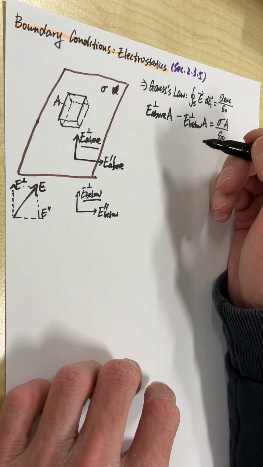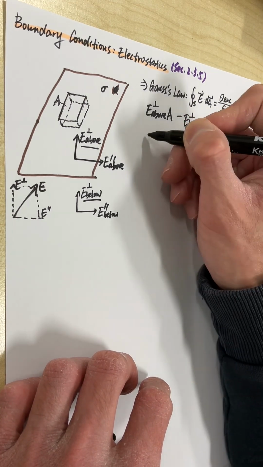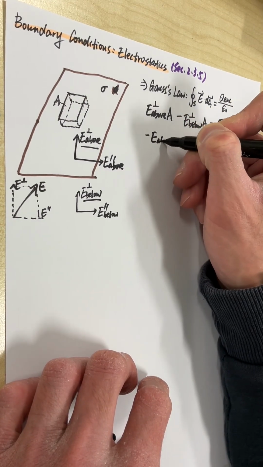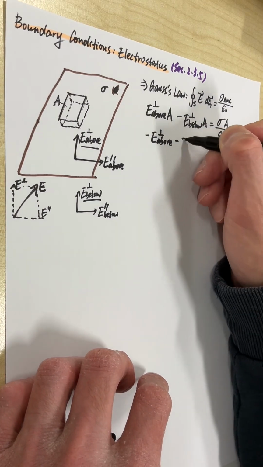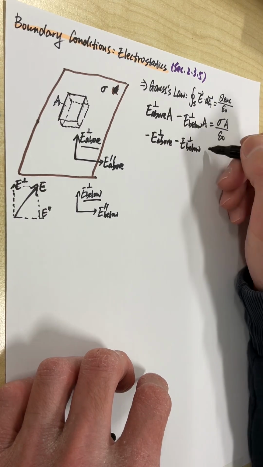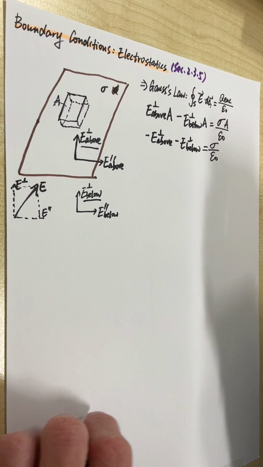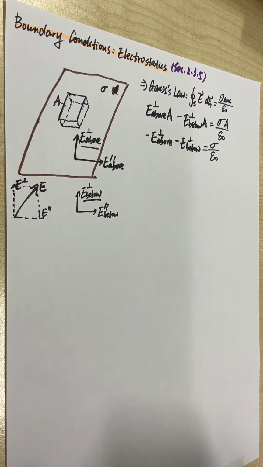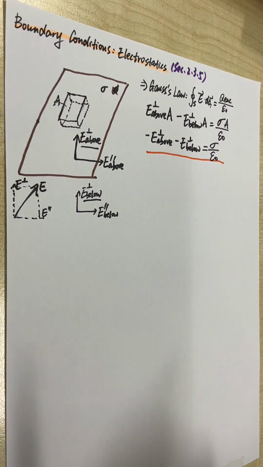So in summary, E above normal component minus E below normal component equals sigma divided by epsilon 0. So that's the first boundary condition.